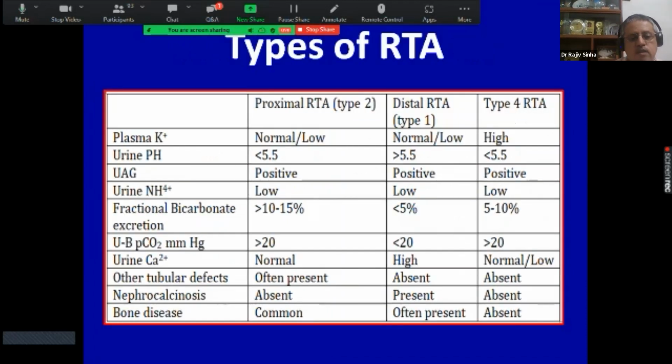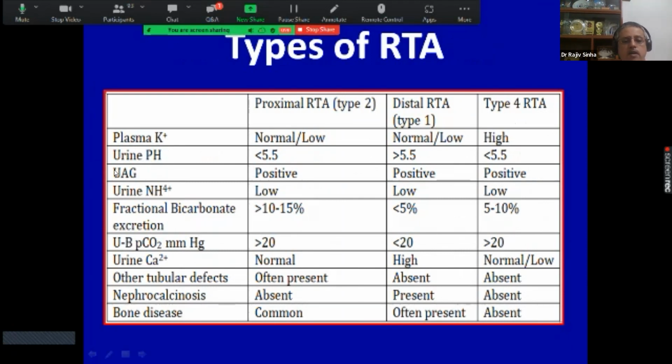Now, this is a brief summary of how you differentiate between proximal, distal, and type 4 RTA. And as I said before, one of the most important things is the urine pH and the plasma potassium.